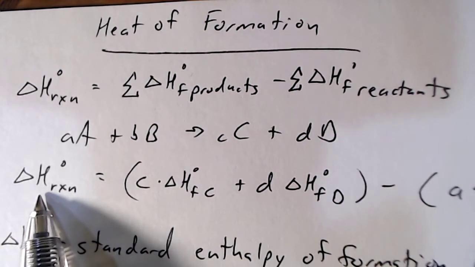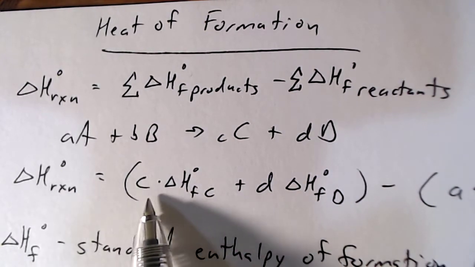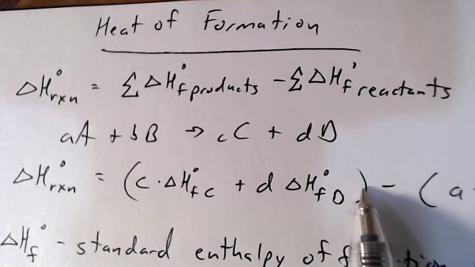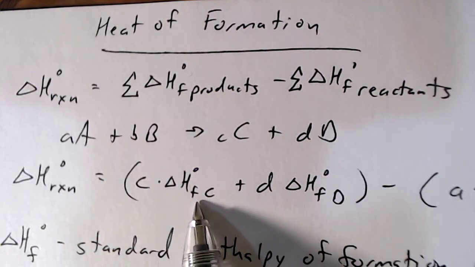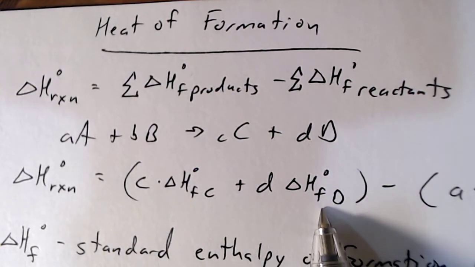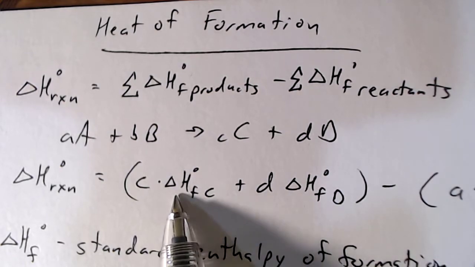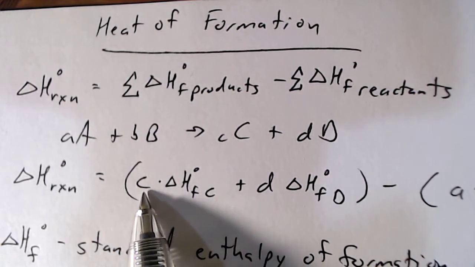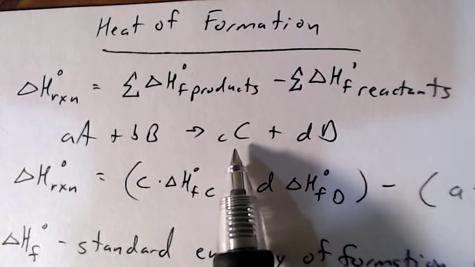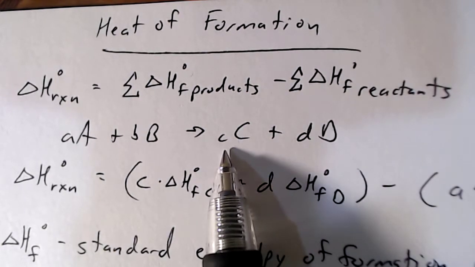So the enthalpy change of reaction is equal to the summation, parentheses, of the heats of formation of the products, where those are multiplied by the coefficients in front of them in the balanced chemical equation.